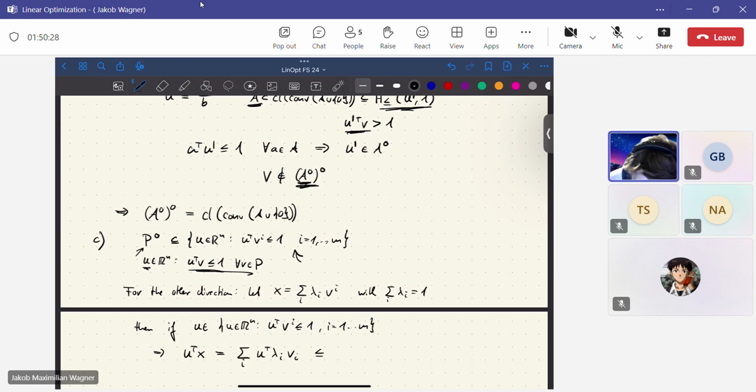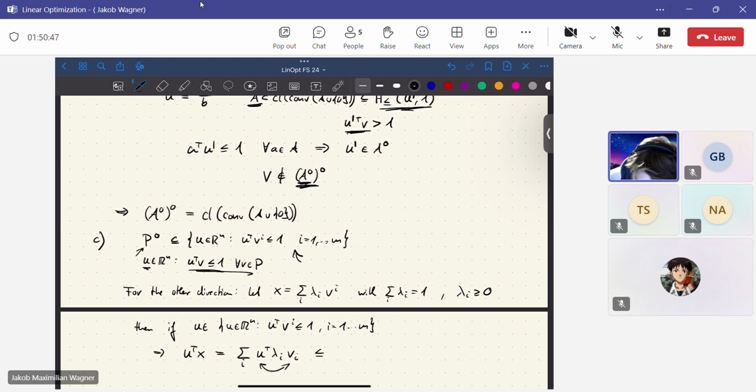which is less or equal, because we know that the inner product of the U's and the Vi's is less or equal 1, and we have here convex combinations, so all the lambda I's are greater or equal than 0.